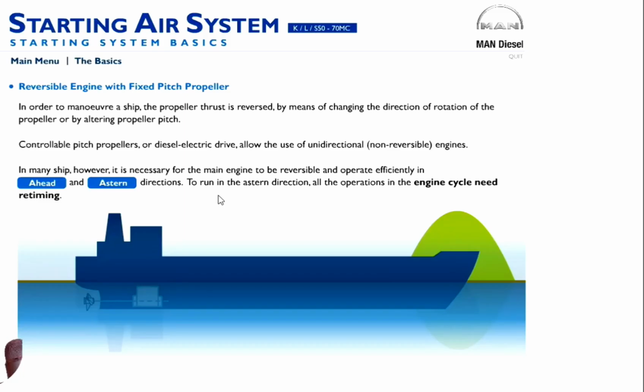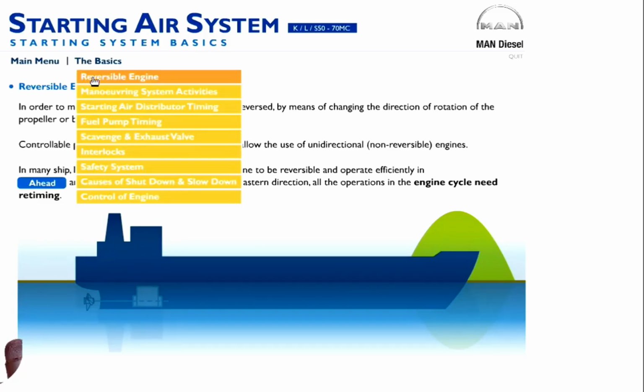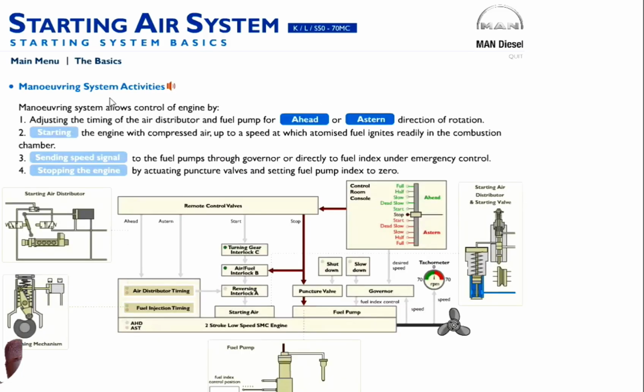And we will see how the system works. Okay, this is how all the system looks. This is all the parts, and we have an interaction with the system.